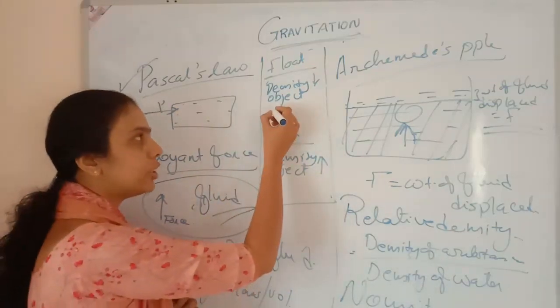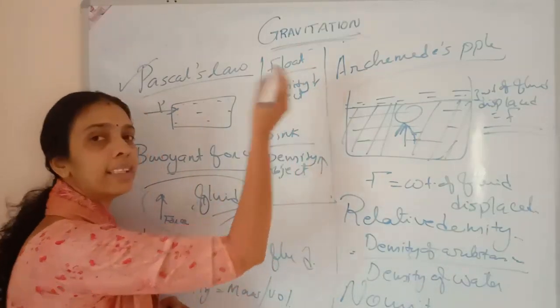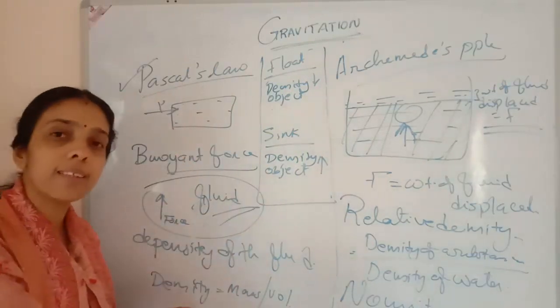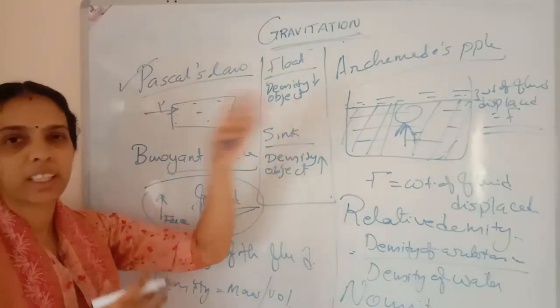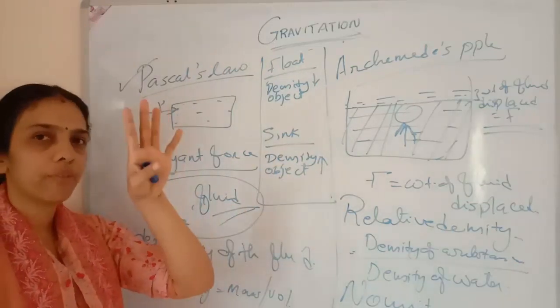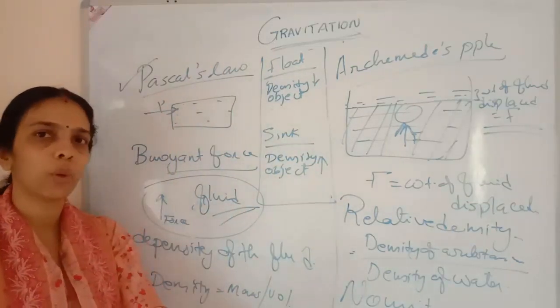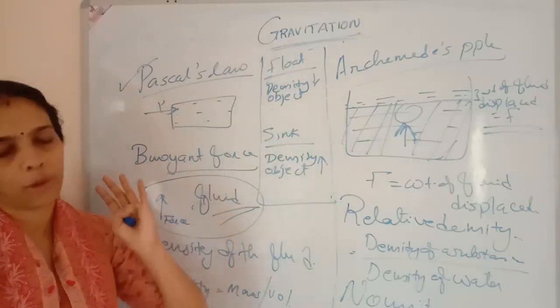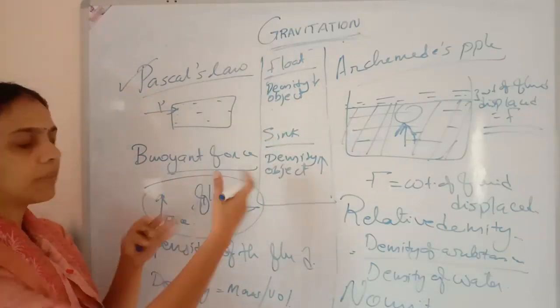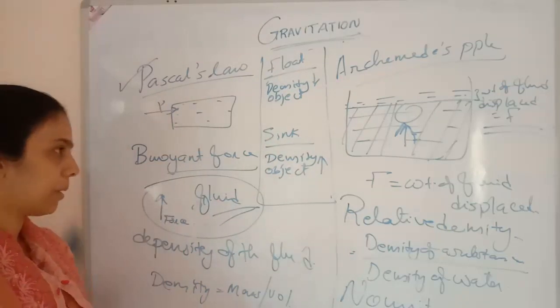So if the density of the object is less than that of the fluid, then the object will float. You can remember any one; the other one is just the opposite.